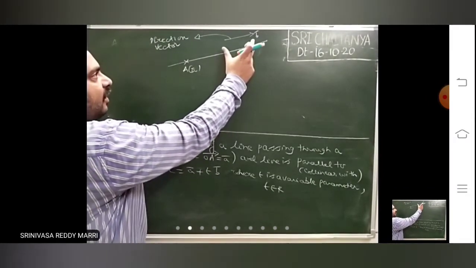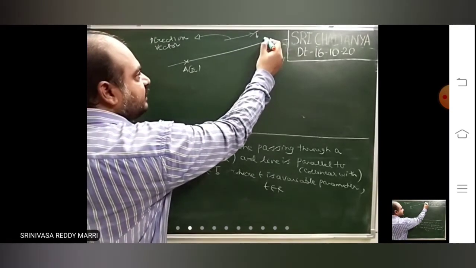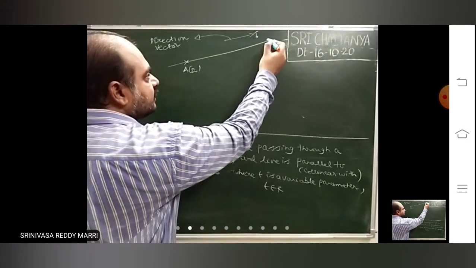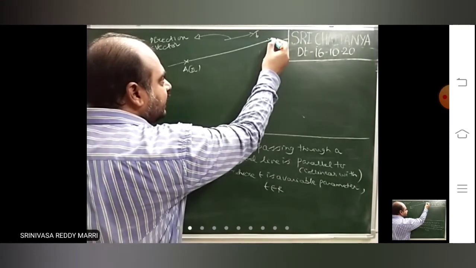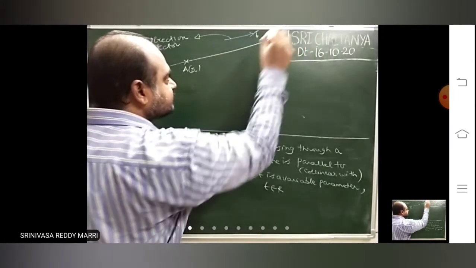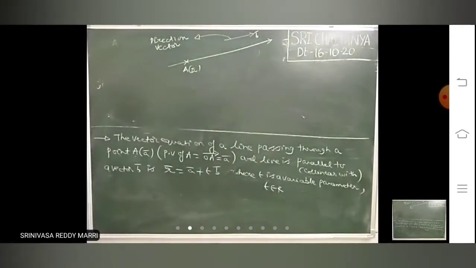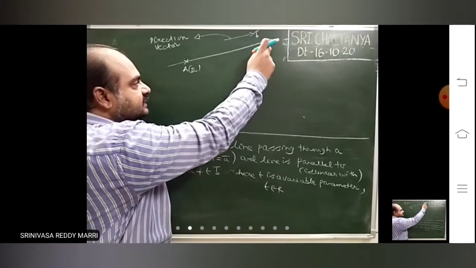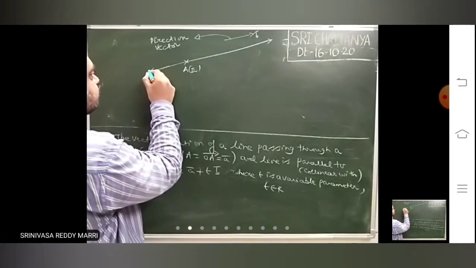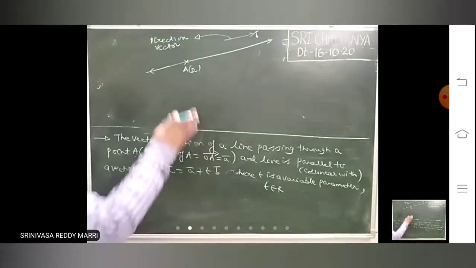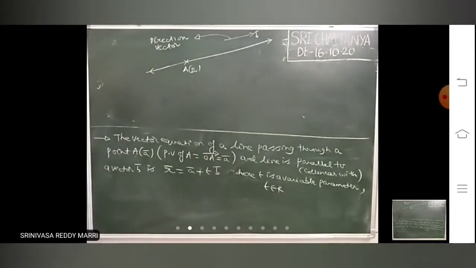This line is drawn parallel to this. That means this line will have two directions. Look at. If this is the B bar direction, the same line will have this direction also, means parallel to this I have drawn. That line may have that direction or that line may have this direction also. This direction is B bar. If this direction is B bar, this direction is what?